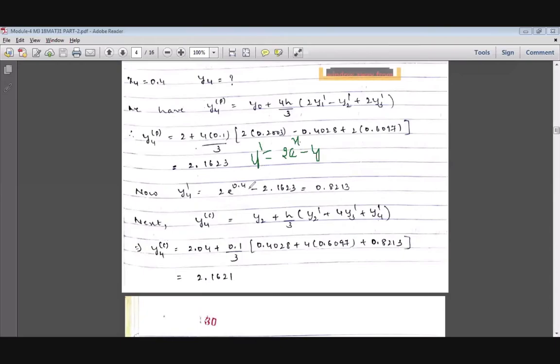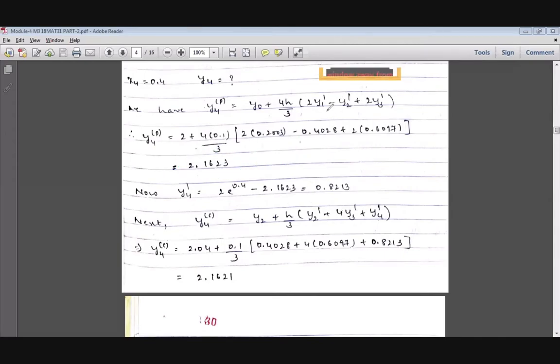So y4 dash will be 2 e power x4 minus y4. x4 is 0.4, y4 is 2.1623. Okay, you'll get 0.8213. Substitute that value here, calculate, and you will get y4 of c.